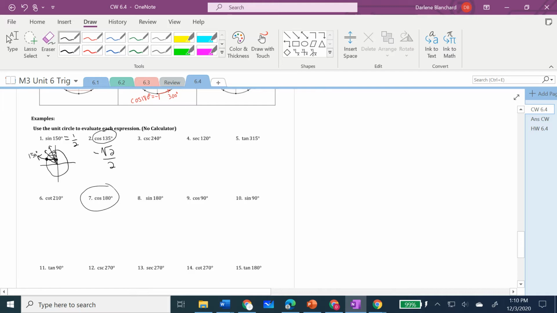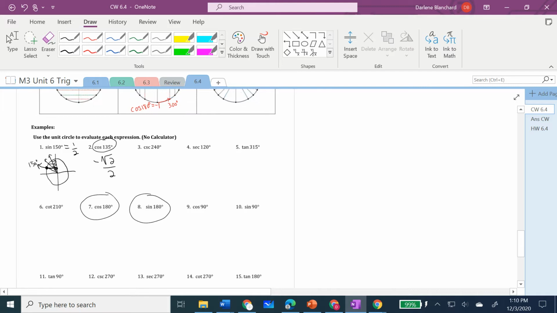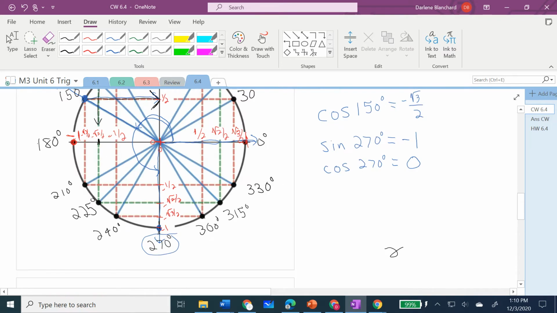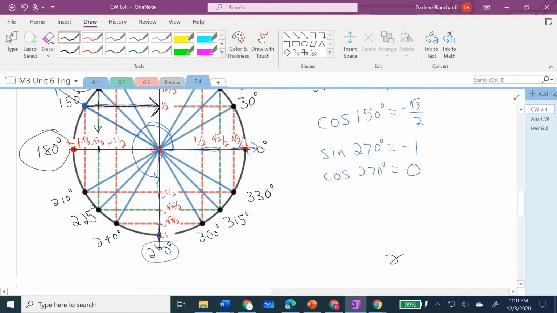What is the cosine of 180 degrees? And then what is the sine of 180 degrees? The coordinate of this point right here, understanding that we are on a unit circle, this is on the x-axis. The x-coordinate is -1.